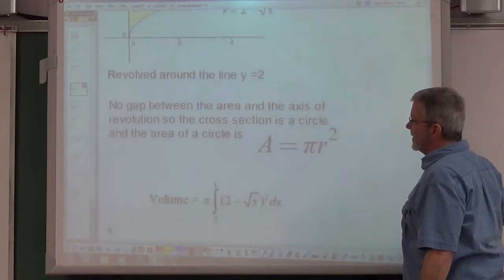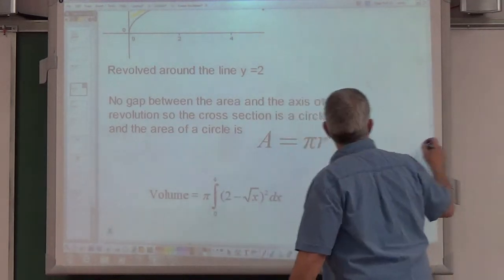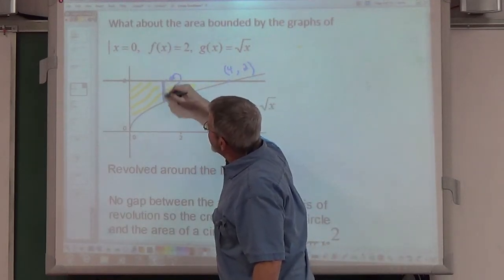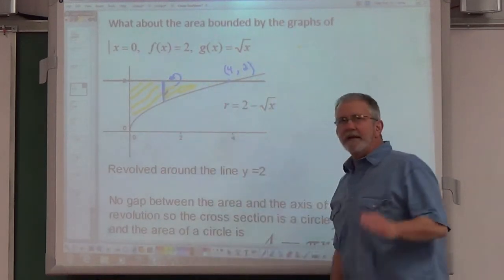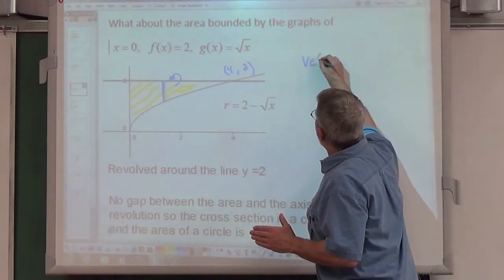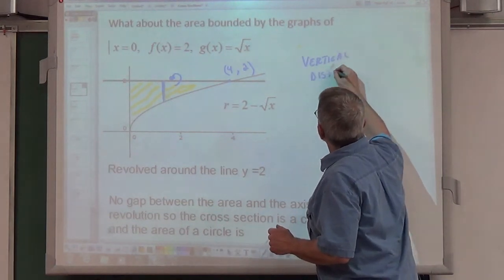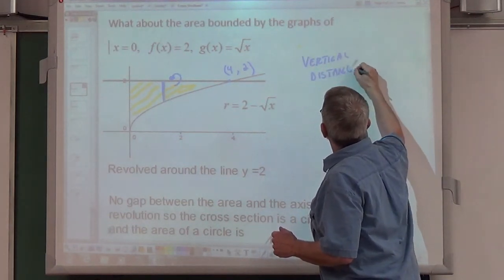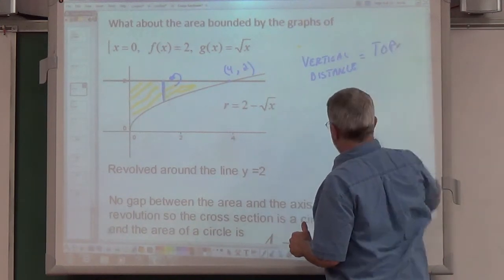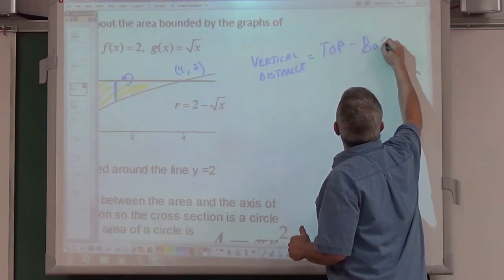So the volume, very simply, is going to be, well, I need to find r. Well, what the heck is r? R is this distance right here. R is that distance. And what is vertical distance? If we remember, vertical distance is always top minus bottom.